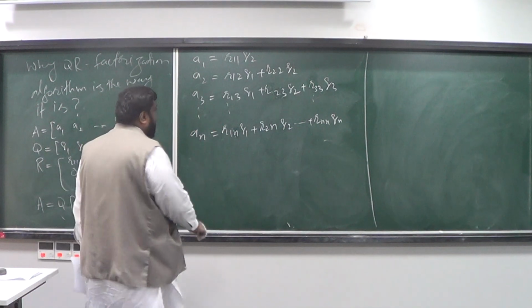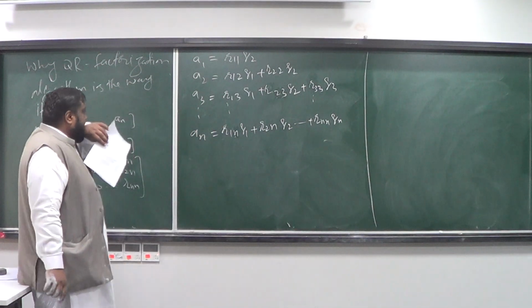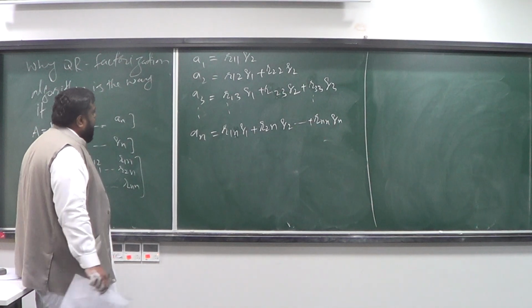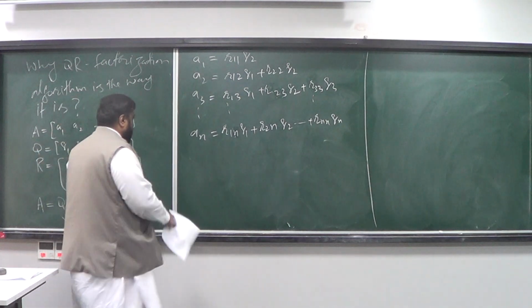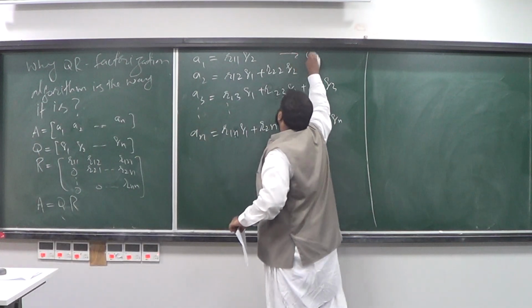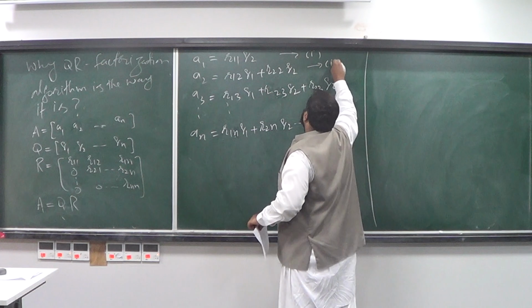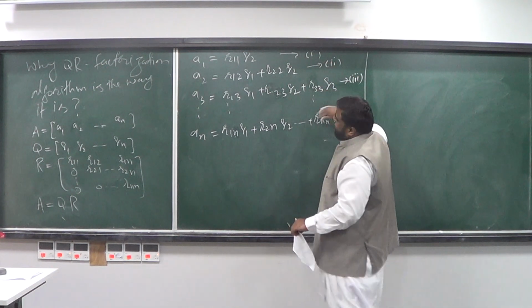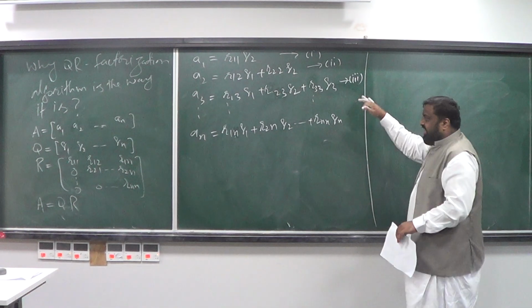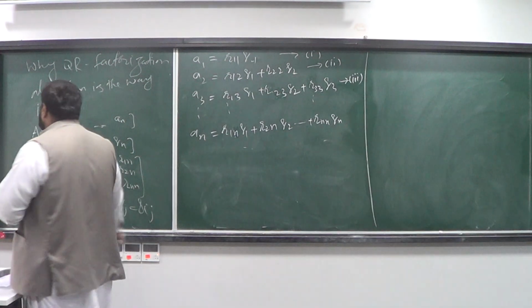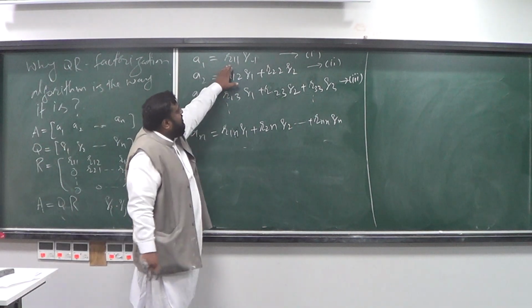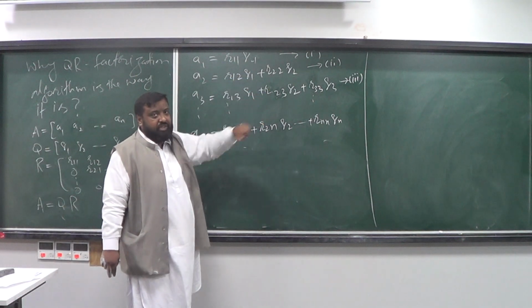So this is what you get as an outcome. Now let's give them equation number 1, equation number 2, and equation number 3. I'll just talk about the first three equations, and then the rest would be on the same line. I would like to get formulas for R11 and Q1.